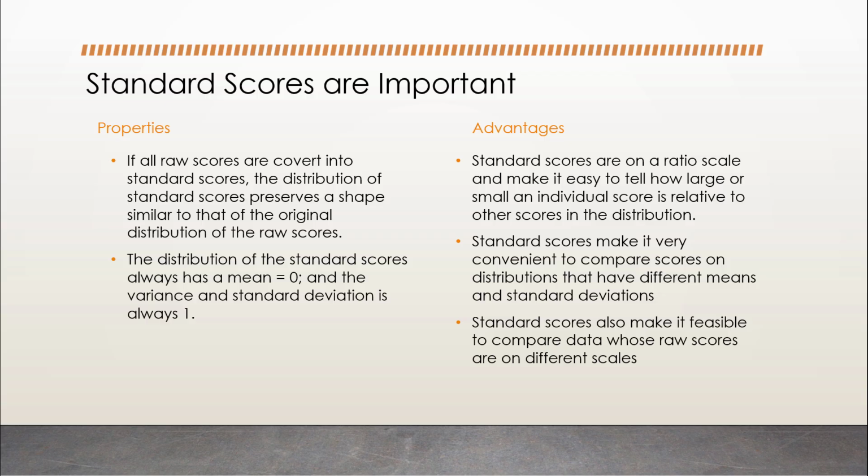Another important use of these scores is comparison across different distributions. Because all variables can be standardized, scores from tests with different means and standard deviations can be compared. For example, a student scored 55 on a math test with a mean of 50 and a standard deviation of 5. The same student scored 90 on a reading test with a mean of 100 and a standard deviation of 10.